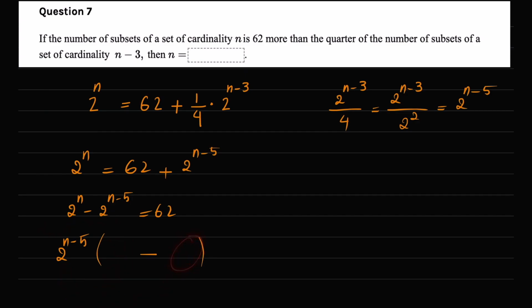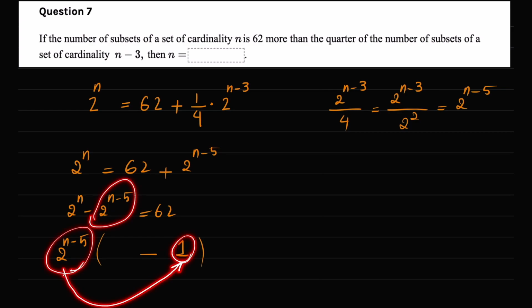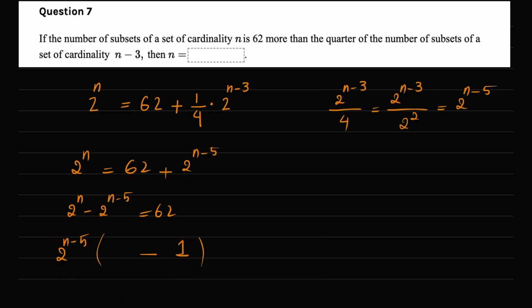The answer to the second one is extremely simple. That is nothing except 1. Why? Because if I multiply back here, 1 times this becomes exactly that. That's okay. But what should I put here? My claim is that that is 2 to the power of 5. That's also correct. Why? Because when I multiply this back, it becomes 2 to the power of n minus 5 times 2 to the power of 5.